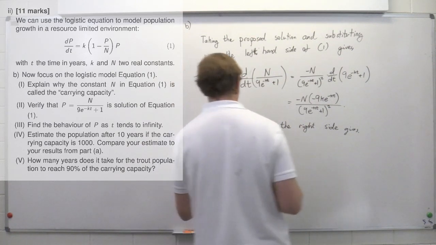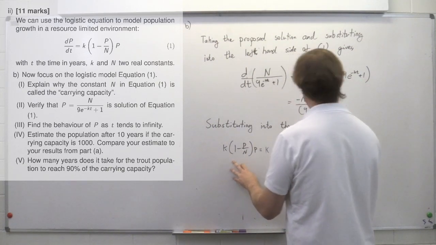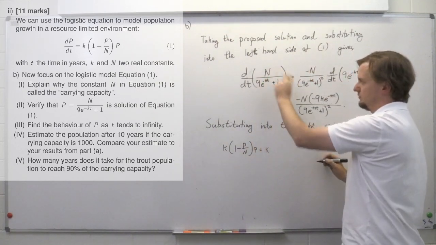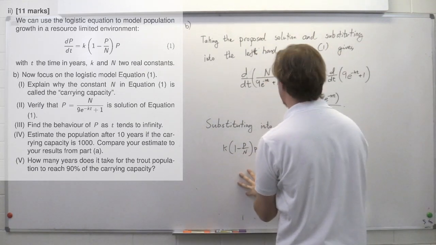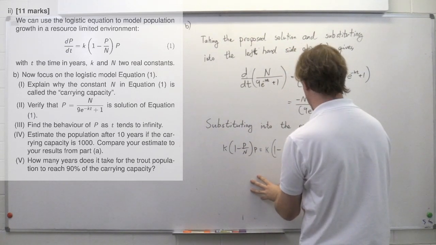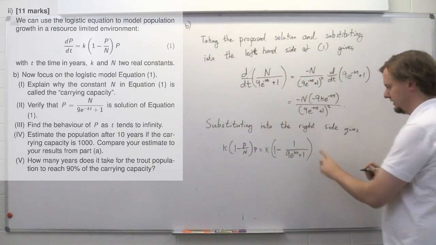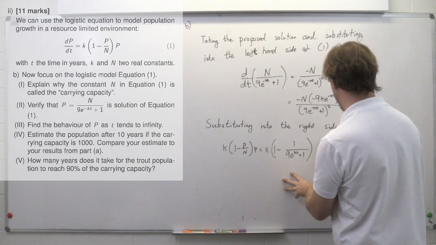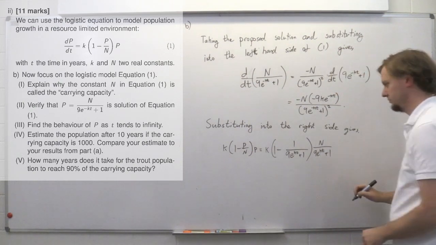So k is just k, doesn't do anything. This is going to be, well, I'm taking this term and dividing by n, so it's 1 minus 1 over 9e to the minus kt plus 1. So the n's really just cancel out in that, and I get the thing again. So n times 9e to the minus kt plus 1.